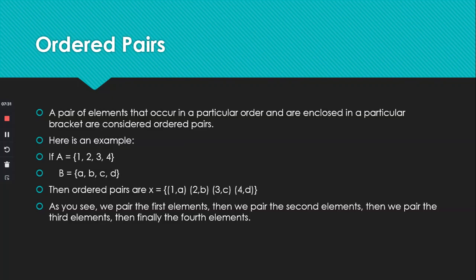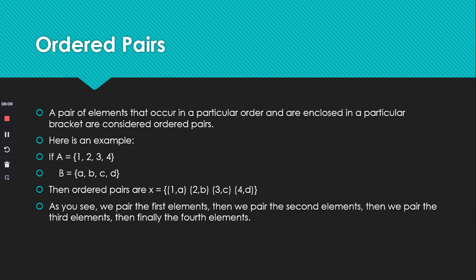Ordered pairs. A pair of elements that occur in a particular order and are enclosed in a particular bracket are considered ordered pairs. To simplify, let's say that we have two sets. A is 1, 2, 3, 4, B is a, b, c, d. We want to put them in order in pairs. So we take the first terms of A and B, 1, a, and we enclose them in brackets to make an ordered pair.